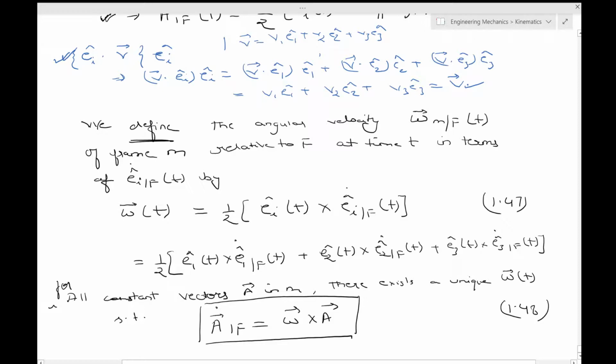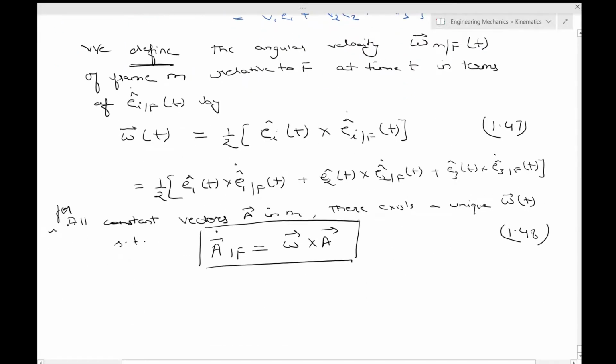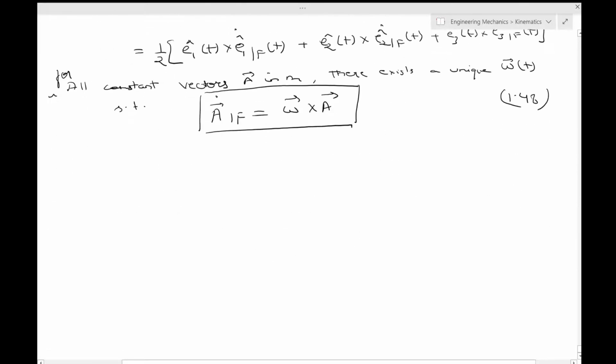Now if you want to visualize this, this is the way to go. If you have this constant vector A with respect to t, then clearly it will have an A1 component, an A2 component, and an A3 component.